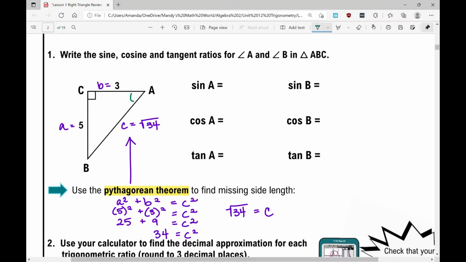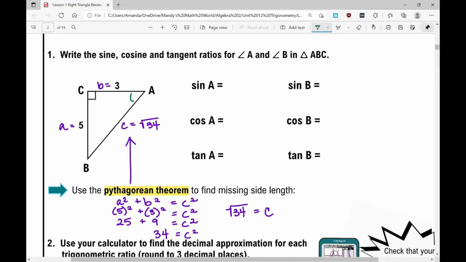So I've got A, B, and C right here. So what you typically see is the side directly across from A, we'll use a lowercase letter to describe the length of that side. And then directly across from B, we'll use a lowercase letter. So it was right that I gave the lengths of those sides A and B. But most of the time, that's what you see.